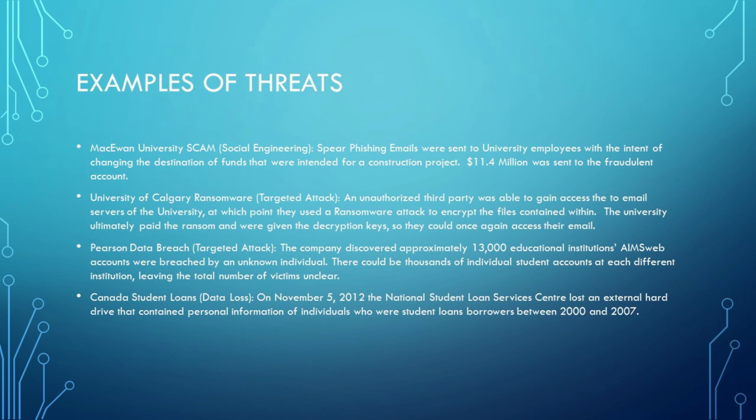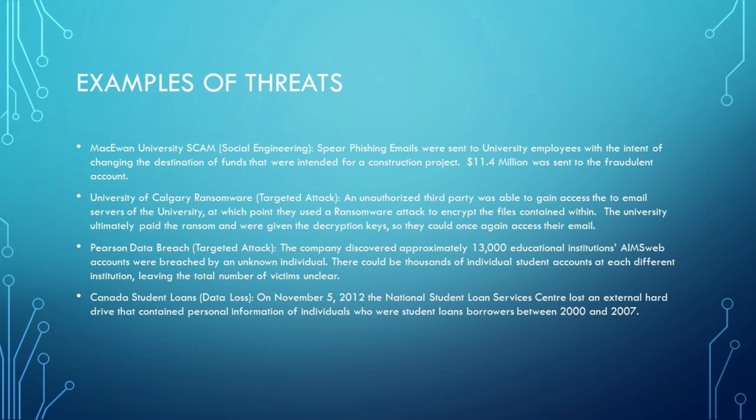So what was happening was a construction project was ongoing. The known email address of this construction company was changed. They mailed in and said, we have a new email address. We're going to be using this for future communication. And in that new email, they indicated a new location that funds were going to be sent for payment of the construction project.